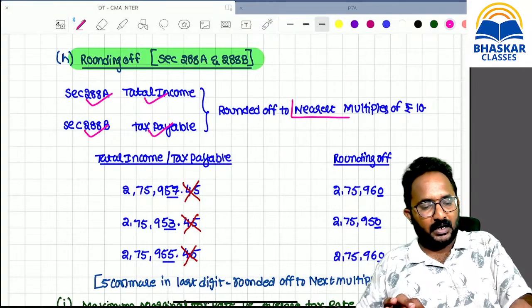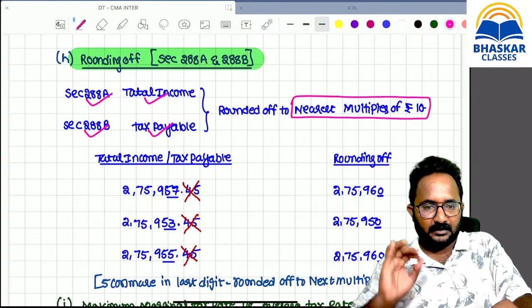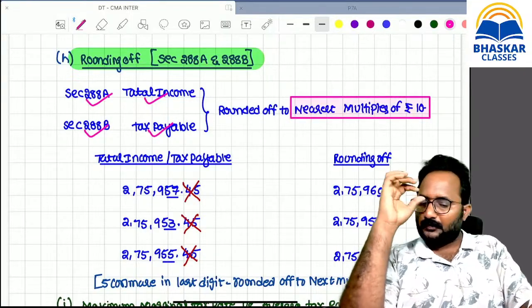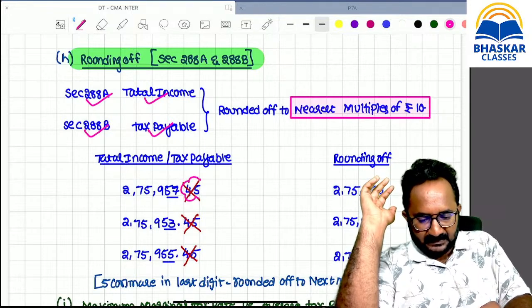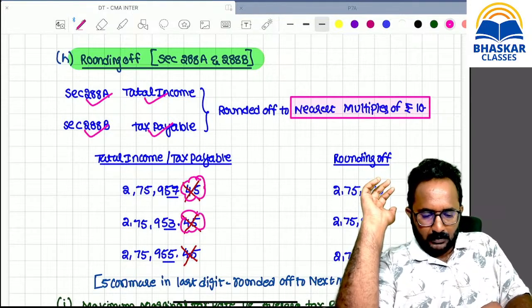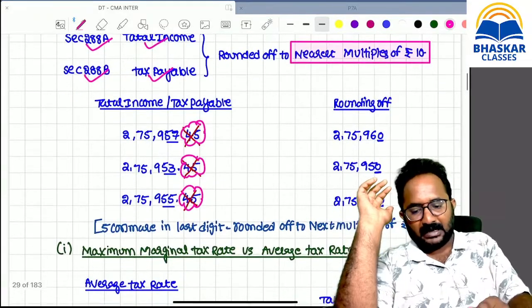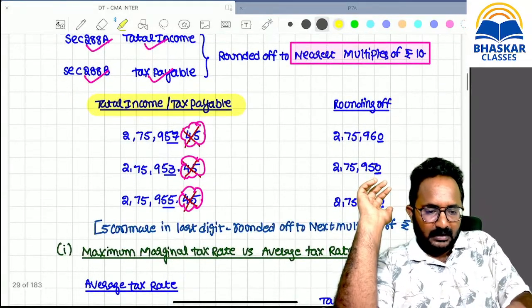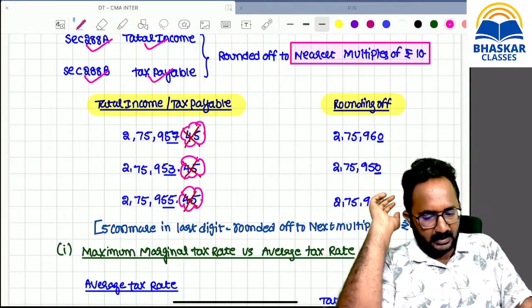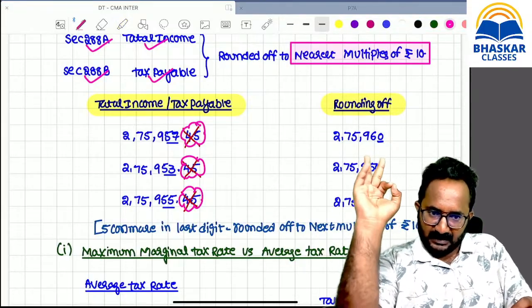What is that? Rounding off to the nearest multiple of 10. Fractions or paisas are there, ignore. Both total income and tax payable should be rounded off to the nearest multiple of 10 only.